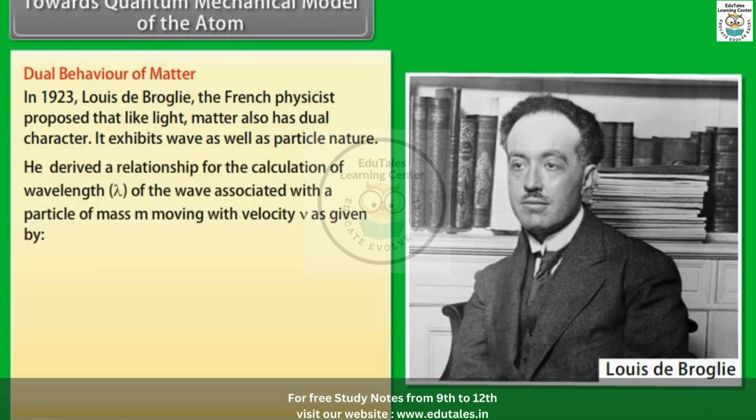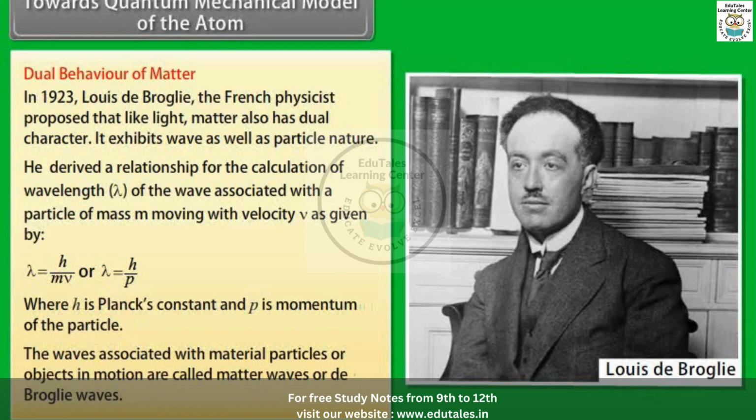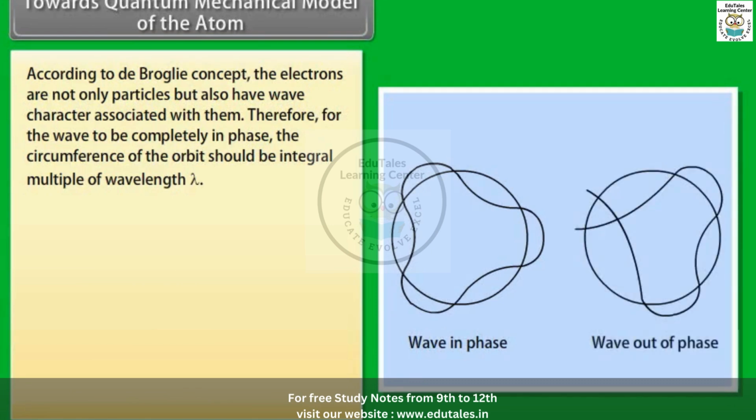He derived a relationship for the calculation of the wavelength lambda of the wave associated with a particle of mass m moving with velocity v, given by lambda is equal to h by mv, or lambda is equal to h by p, where h is Planck's constant and p is the momentum of the particle. The waves associated with material particles or objects in motion are called matter waves or de Broglie waves. According to the de Broglie concept, electrons are not only particles but also have wave character associated with them.